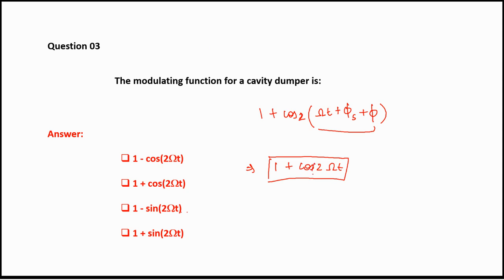So basically the modulating function is 1 plus cos 2 omega t, and thus the right option to this question is 1 plus cos 2 omega t. Okay. Now if anyone has any doubt in this question, we can wait for a while and then we'll proceed.